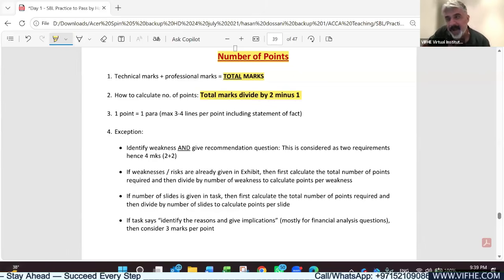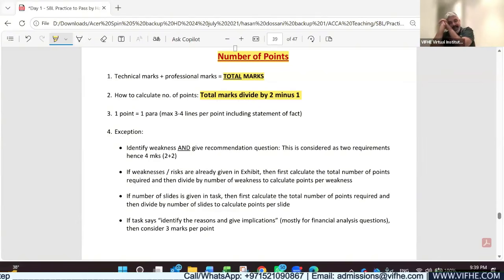If it is a 10 marks question, how many points are we supposed to write? 10 divided by 2 is 5, and then 5 minus 1, 4 points. Okay, straightforward. If it's a 10 marks question, you need to give 4 points.